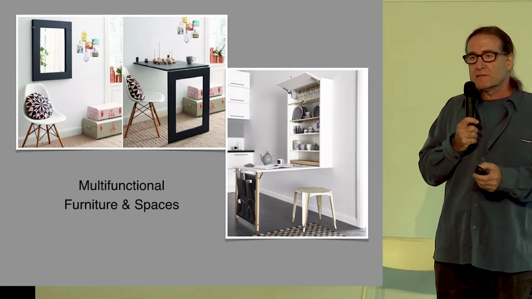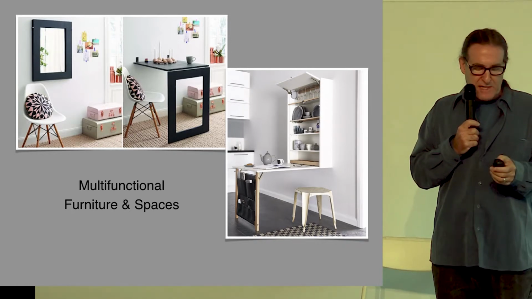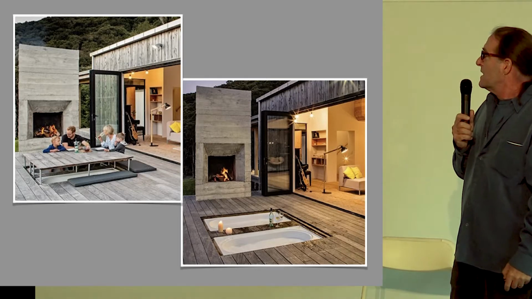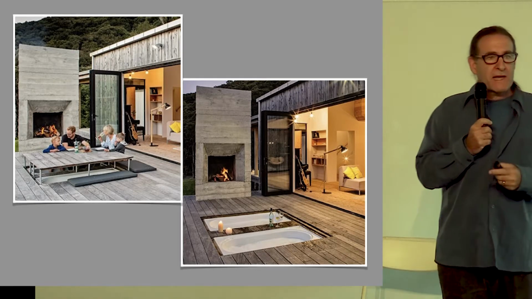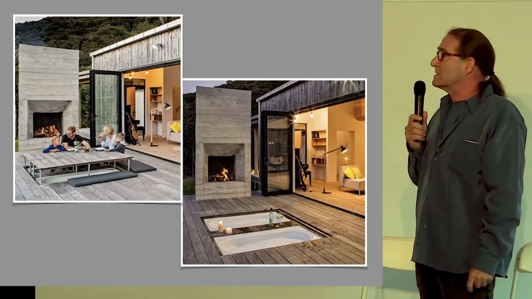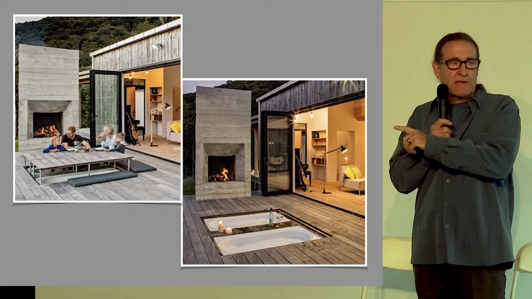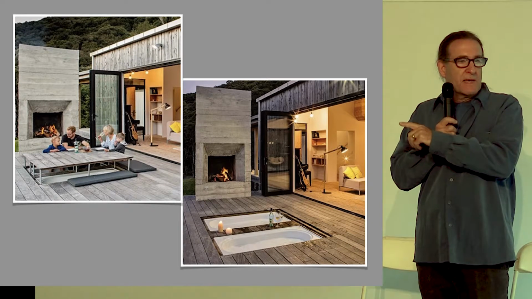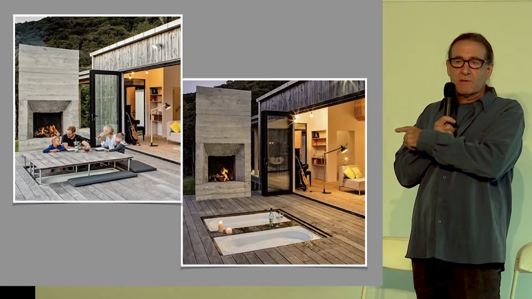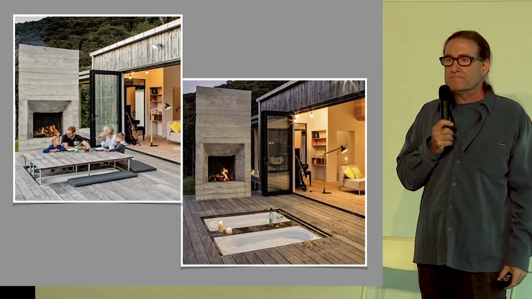And in the other case, it's a storage cabinet where the face folds down and becomes a table. And, oh, we're back at the house in the backcountry of New Zealand. That wraparound deck actually has a picnic table during the day. And when you remove the picnic table, it becomes a pair of bathtubs for soaking.